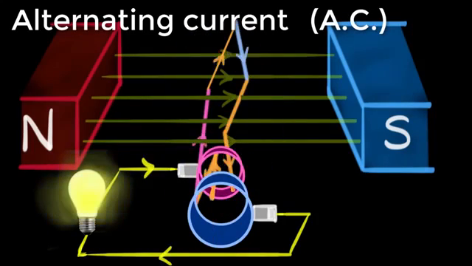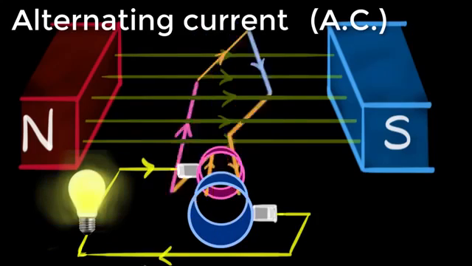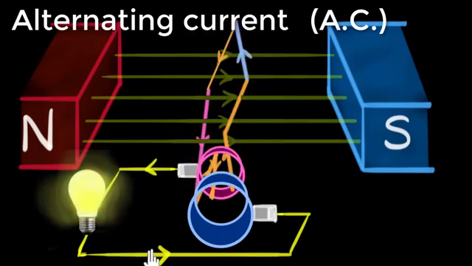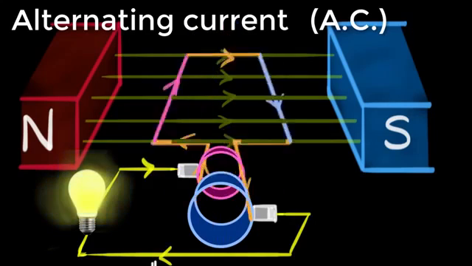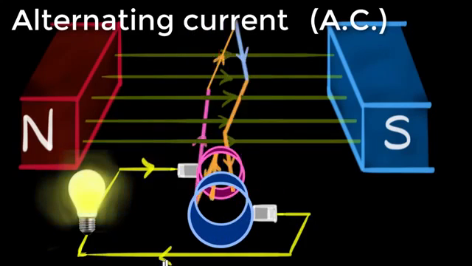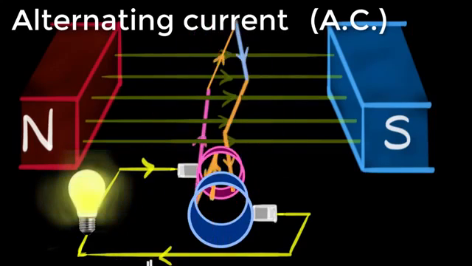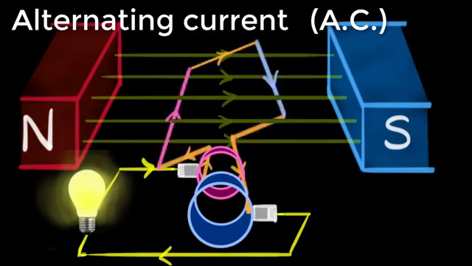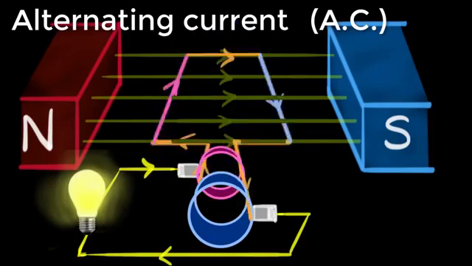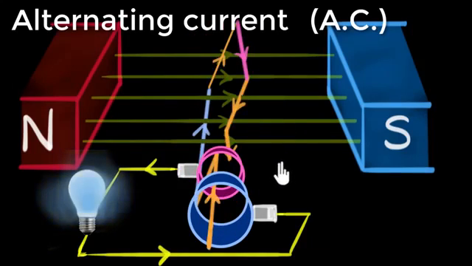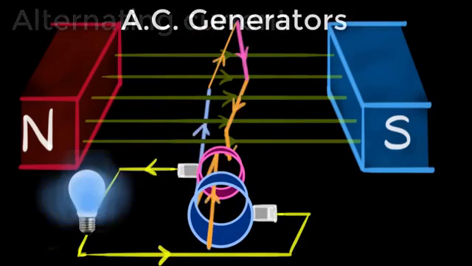And this might sound a little weird, but it turns out that when you want to transmit electricity over a long distance, like from the power station to your houses, then alternating currents, or AC, have some great advantages over unidirectional currents, or DC. And it's for that reason that the electricity we get at our houses is all AC. And these generators are called AC generators.